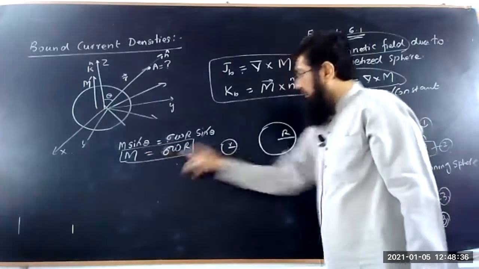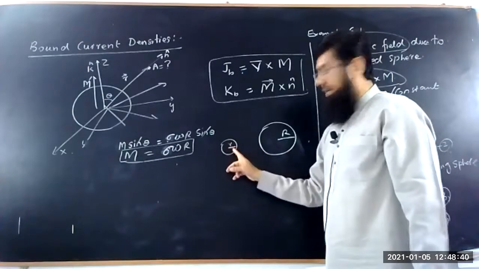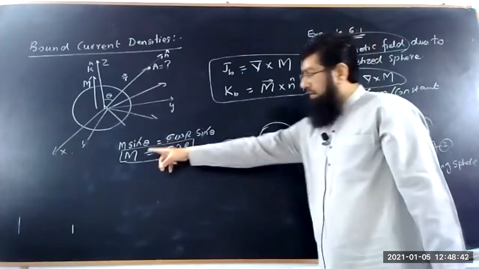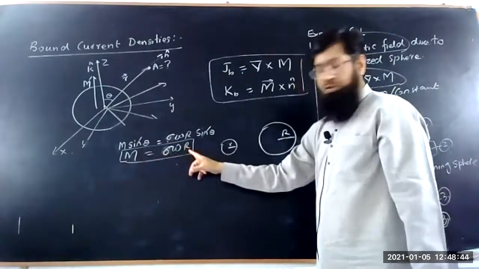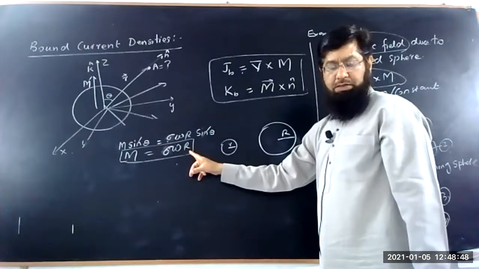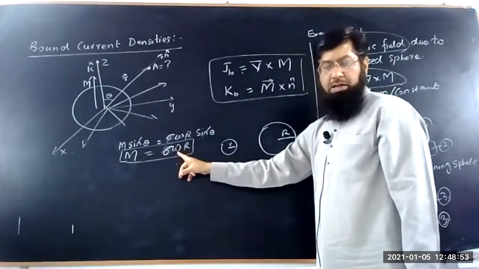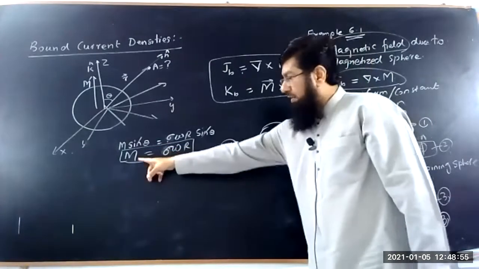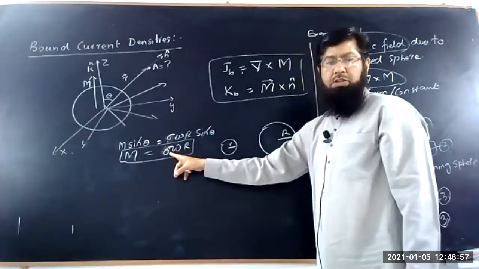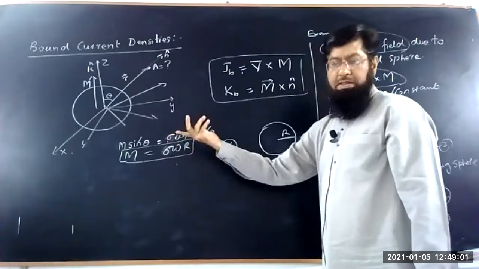Then the magnetization of the sphere whose radius is large will be higher than that of the sphere whose radius is small. The magnetization is directly proportional to the radius for the spinning sphere. The magnetization is directly proportional to the angular velocity. The magnetization is directly proportional to the surface charge density of the spinning sphere.